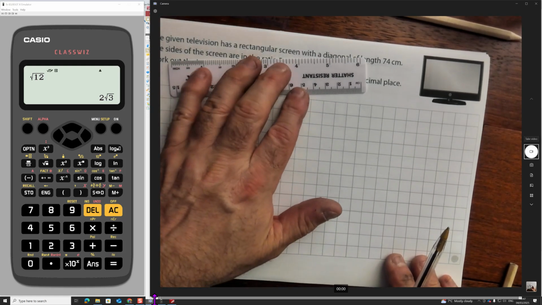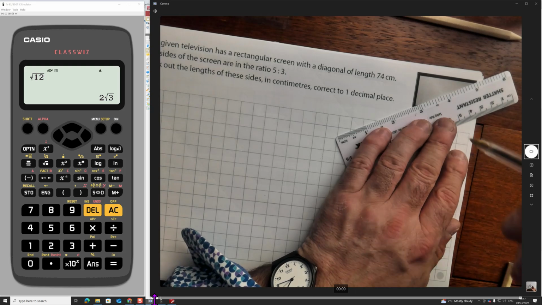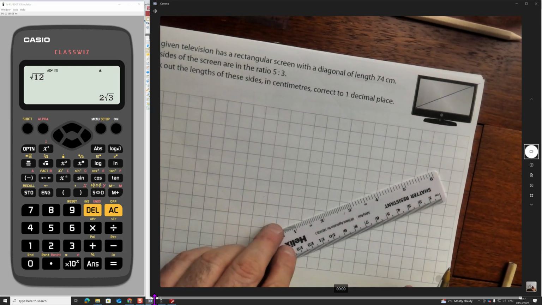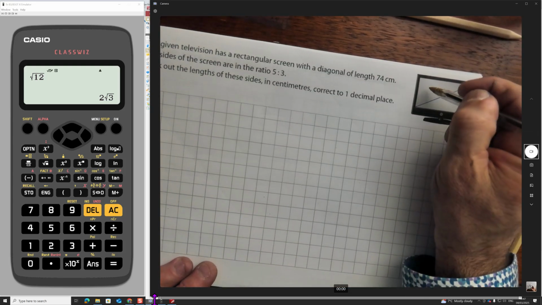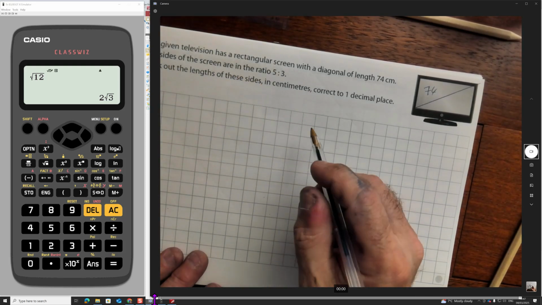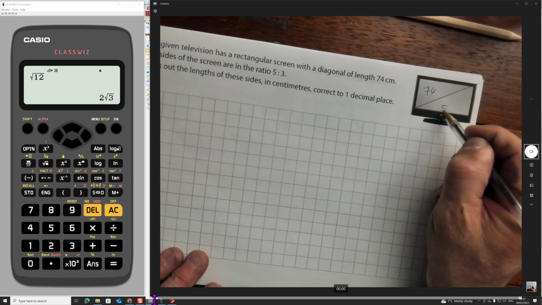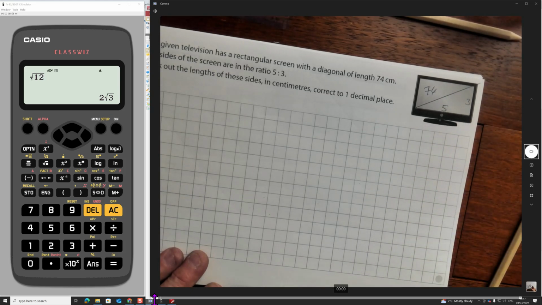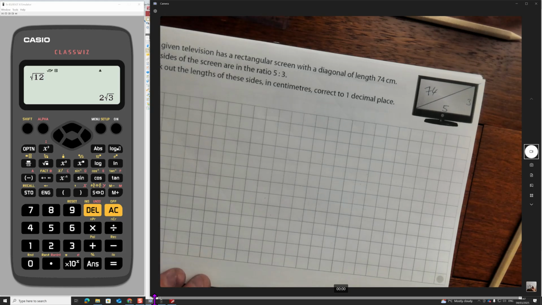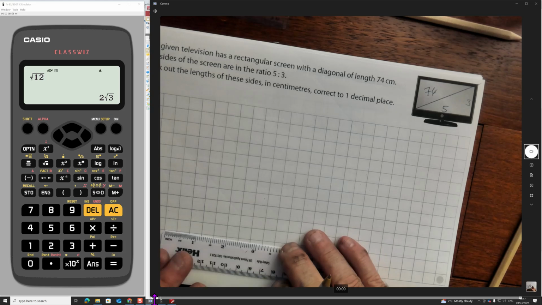The given television has a rectangular screen with a diagonal of length 74. Okay, so if we're going the way the one in the log table is arranged, it's looking like this. The sides of the screen, oh, this is nice, are in the ratio of 5 is to 3. Obviously the screen is longer this way to this way. Okay, so work out the length of these sides in centimeters, correct to one decimal place.